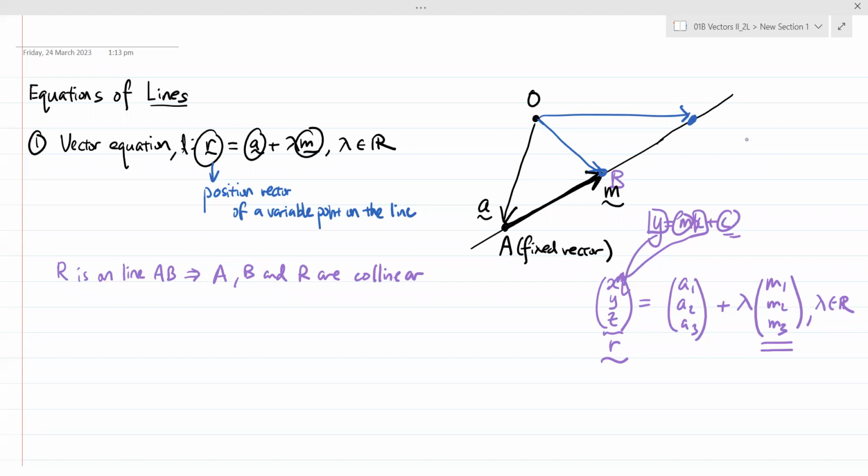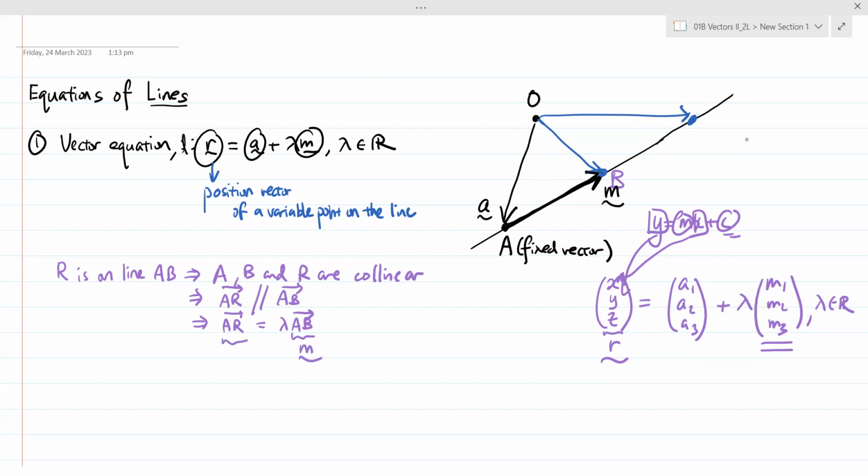Maybe you're not familiar with why the equation works. That's fine, you go back to the collinearity concept. What does this mean? Vector AR is parallel to AB, and therefore is a scalar multiple of AB. My AB is m.